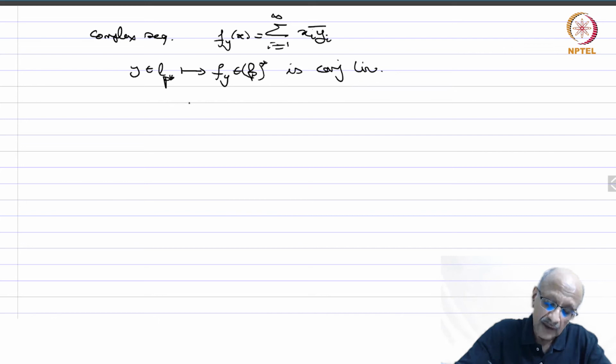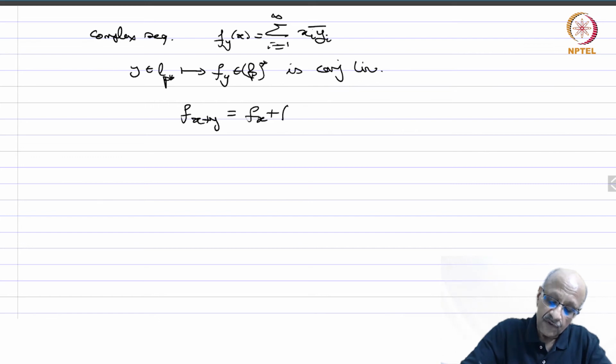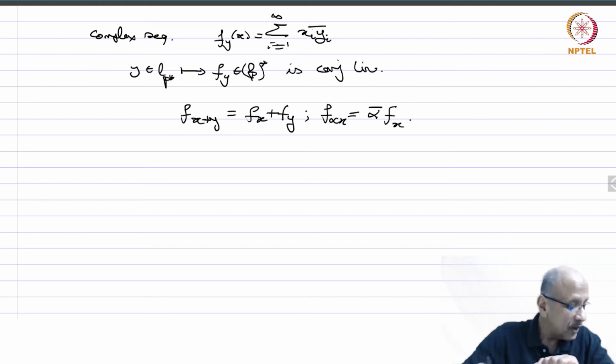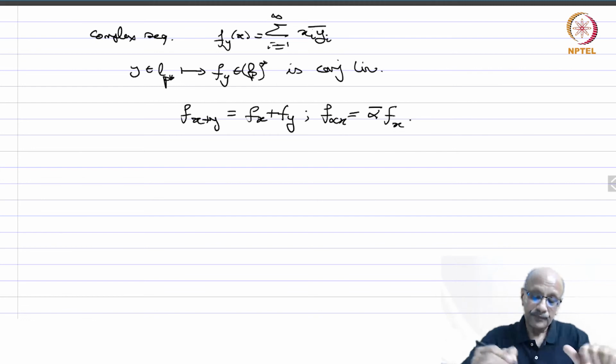What does it mean? You have that f of x plus y equals f x plus f y, but f of alpha x will now be alpha bar times f x, because of this conjugation here. This is a conjugate linear map, but it's still an isomorphism. The mapping J is the identity and it's onto, and everything else goes through.